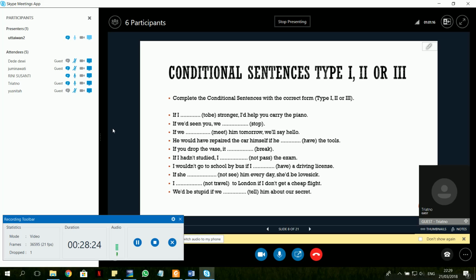If we will, or if we meet him tomorrow, we'll say hello. No, there is no will in the if clause. Only an if clause and a will clause. So if we meet him tomorrow, we'll say hello. Just that.